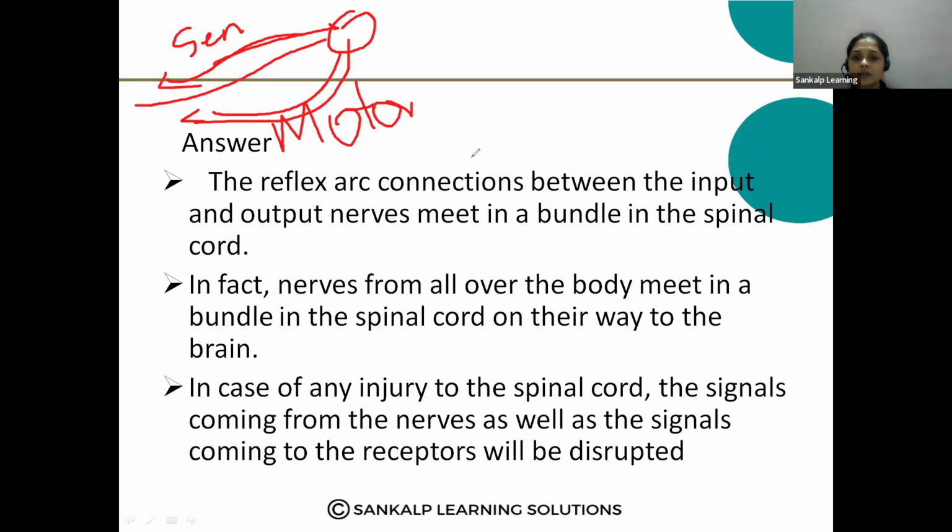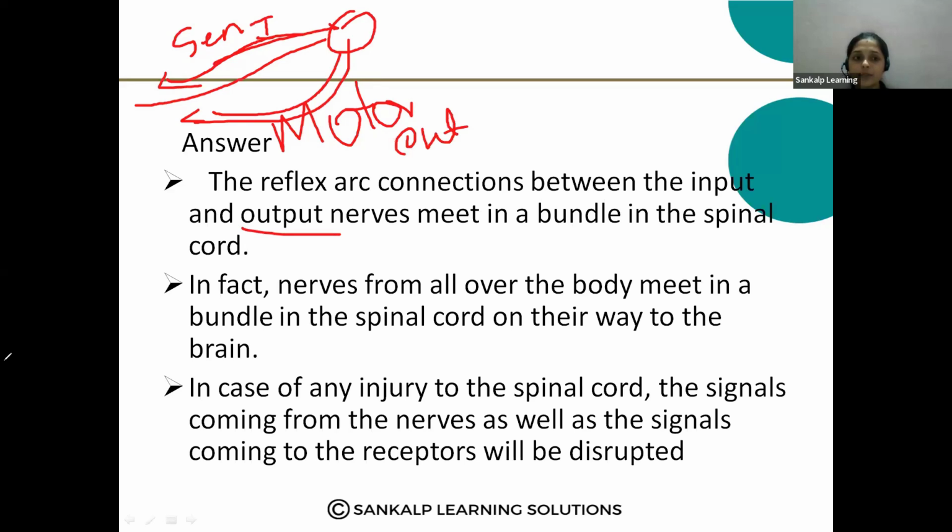So the spinal cord meets the sensory neurons and the motor neurons, both input and output nerves. Sensory neurons are called input neurons, and motor neurons are the output neurons.